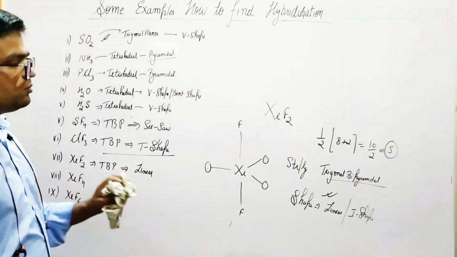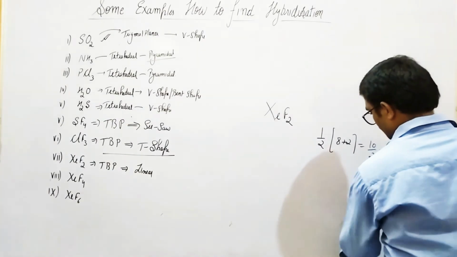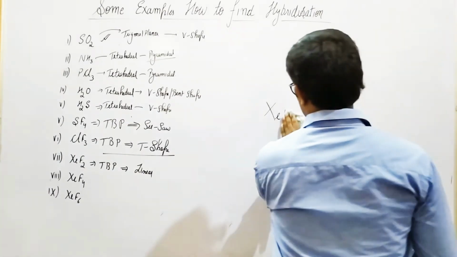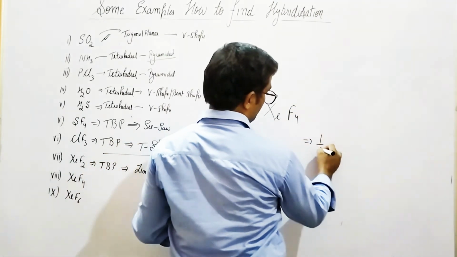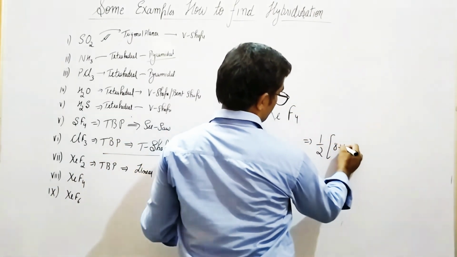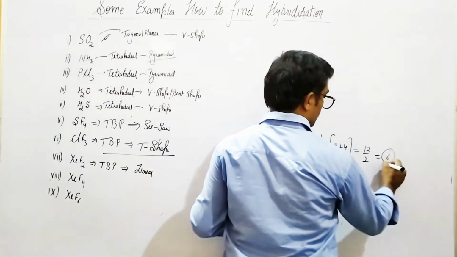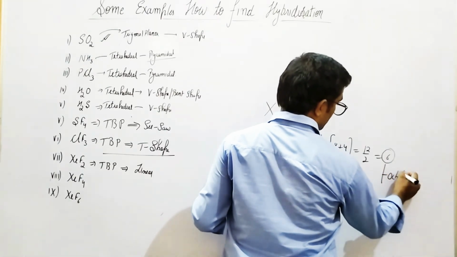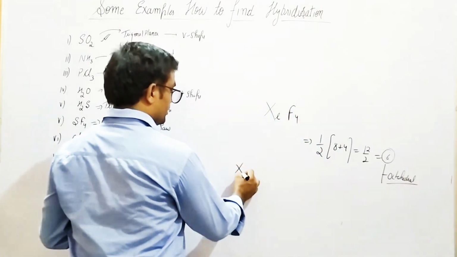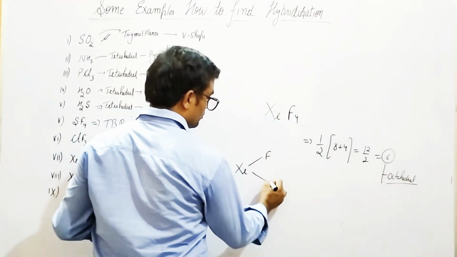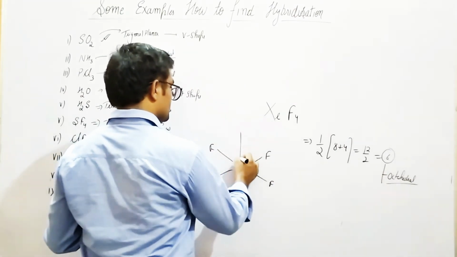If we try to explain xenon tetrafluoride, that is XeF4, the formula comes out to be half of 8 valence electrons plus 4. It comes out to be 12, 12 by 2 is 6, and we know 6 is for octahedral geometry. Let's draw. In octahedral there is no equatorial and no axial bond.